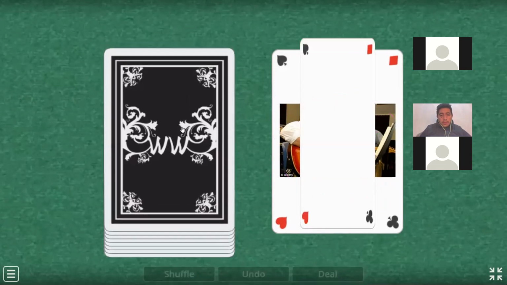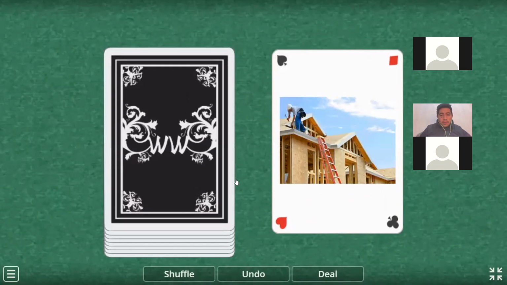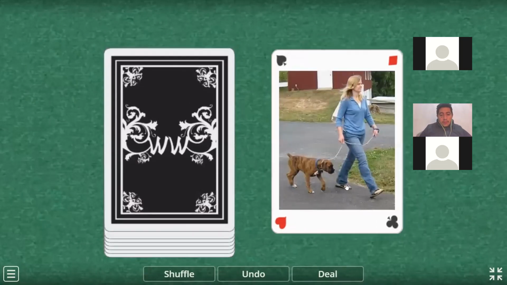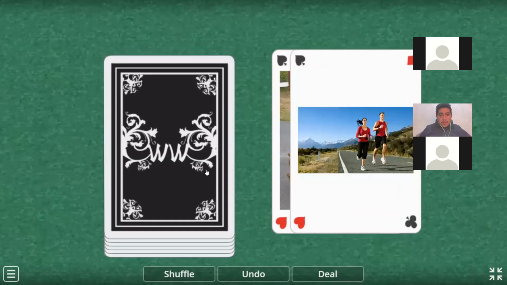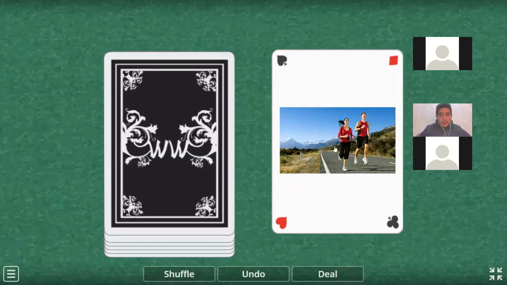For example, here we have something about buildings. ¿No? Aquí tenemos algo de construcción. Aquí tenemos algo en lo que podemos implementar el vocabulario de mascotas, ¿no? Podrían describir la ropa, el lugar. Here we have activities, we have the nature where you can describe the place.